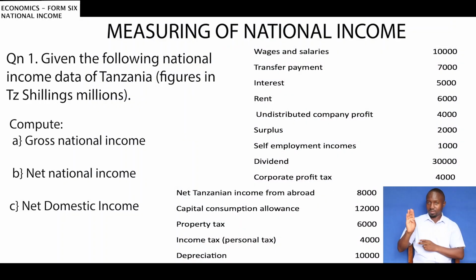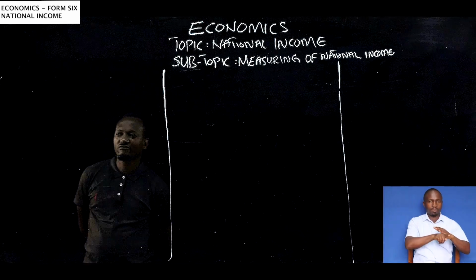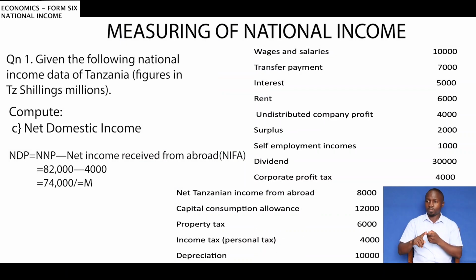C, the question needs us to compute net domestic income. For net domestic income, we have to take net national income minus net income received from abroad, because net domestic income is income generated within the country. So we have to subtract the income generated outside the country.